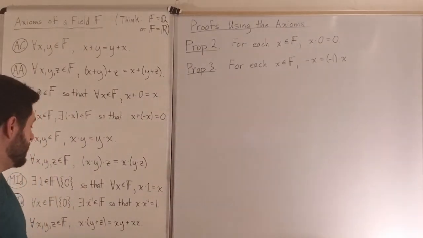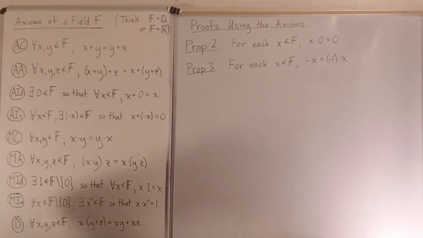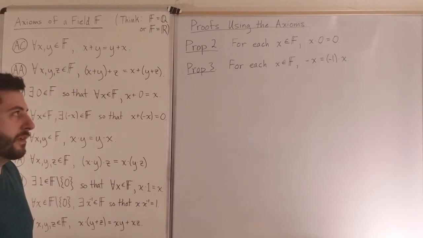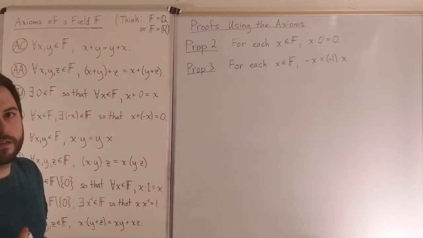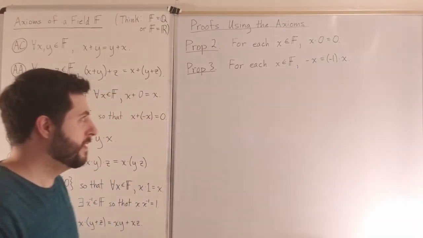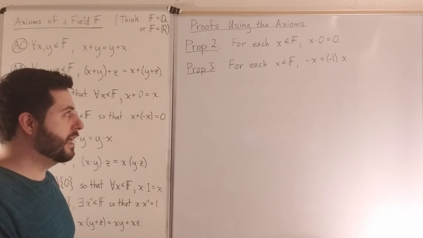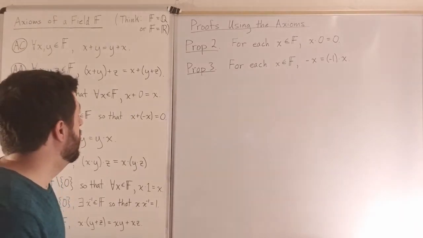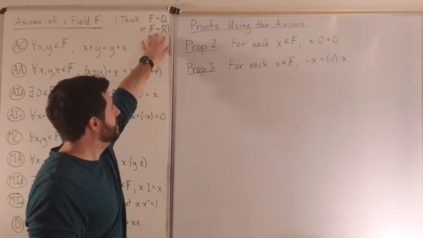Right? There is actually a field with just two elements, 0 and 1. It turns out that's all you need to make a field. There's also a field with 3 elements, 4 elements, 5 elements, not 6 elements though. Okay? We might talk about some fields later. But for now, you should keep these in mind.